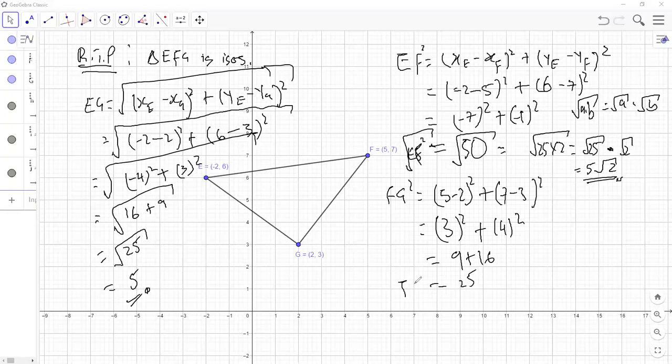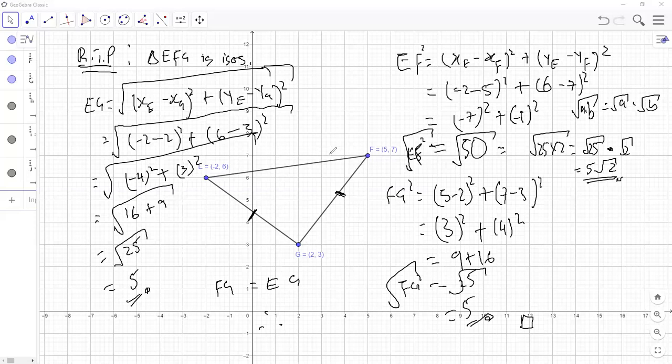But this is FG squared and not FG. So if I'm taking the square root, I get 5. So we realize that actually FG is EG. So this side here is equal to that side. Because of that, we can conclude that the triangle is isosceles. And so that completes the proof, okay? That's all you needed to prove.